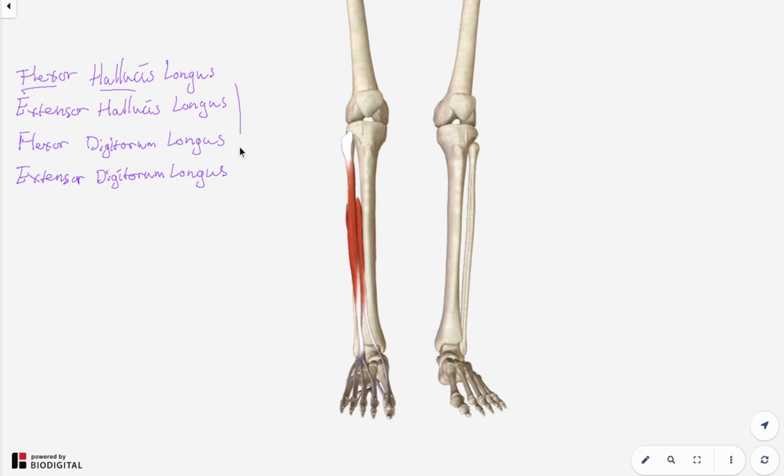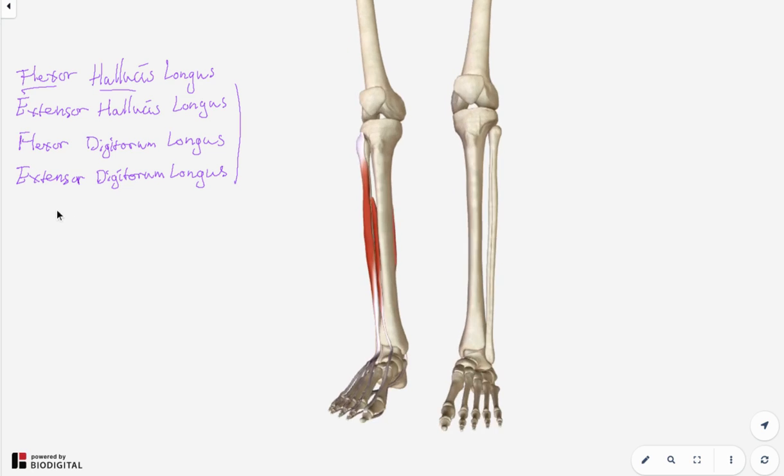And just FYI, these are all longus muscles that have correlating brevis muscles, but those are all intrinsic muscles in the foot, and we're not really talking about those right now. They're not in the lower leg. So the name pretty much tells us what kind of action that muscle has on the toe joint, and then we can learn some other things about it just from using logic and reasoning.